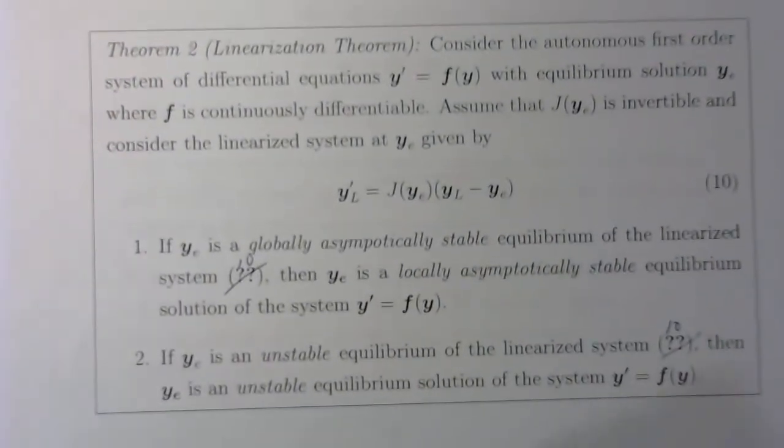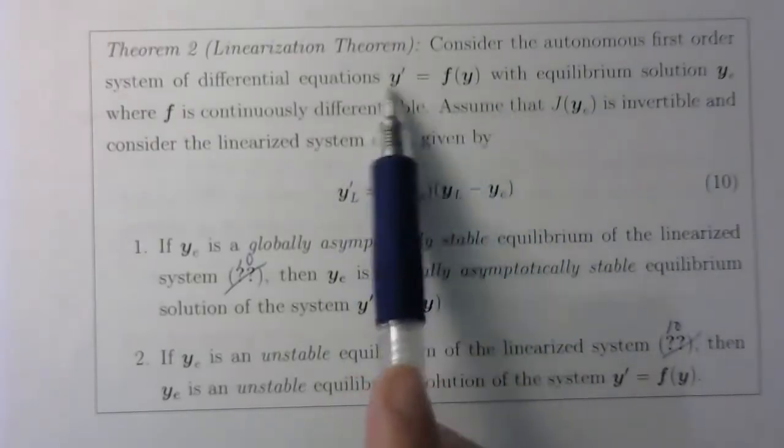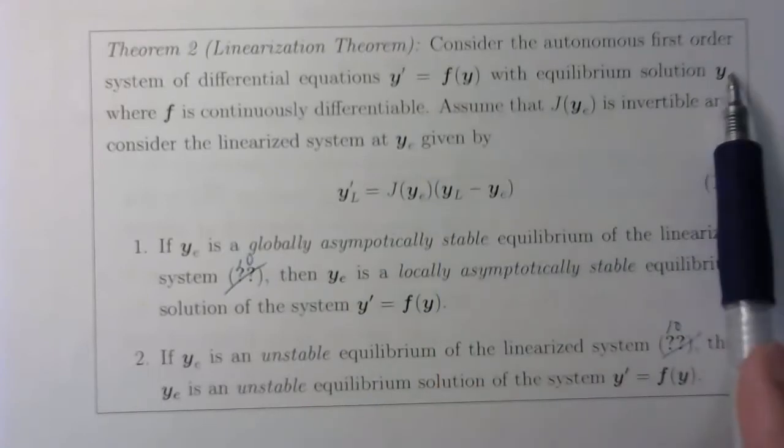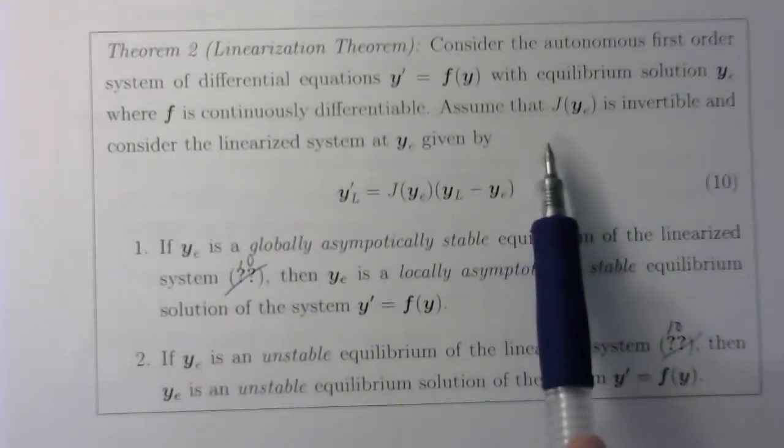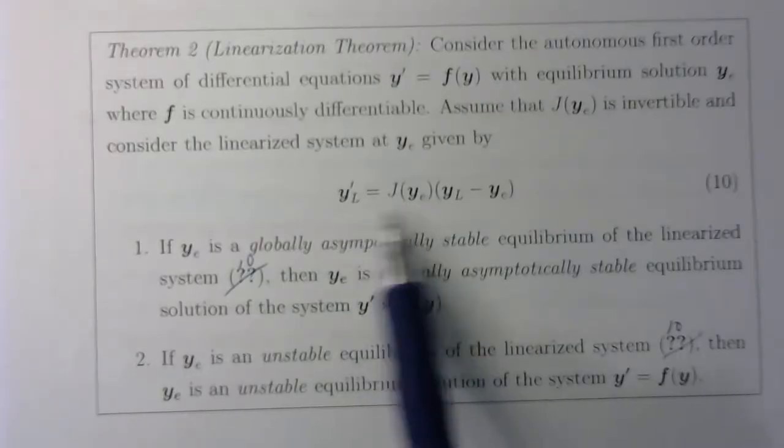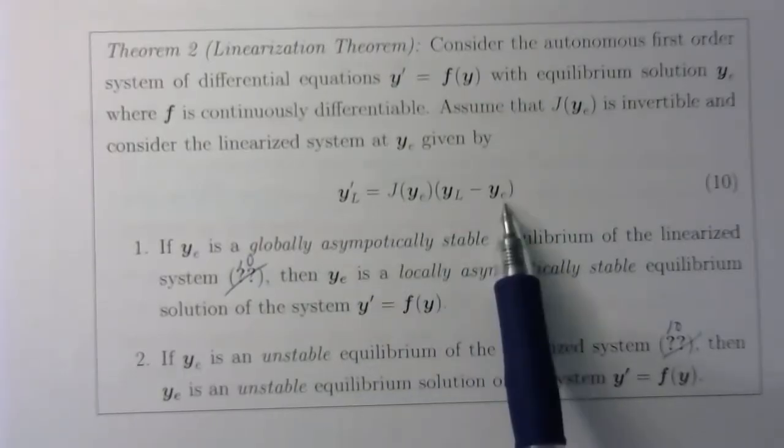Okay, now theorem 2 for today, linearizing in the vectorial case. If I have an autonomous nonlinear system like this with an equilibrium solution YE, and f differentiable, so I can find the Jacobian, the linearized system looks like this.